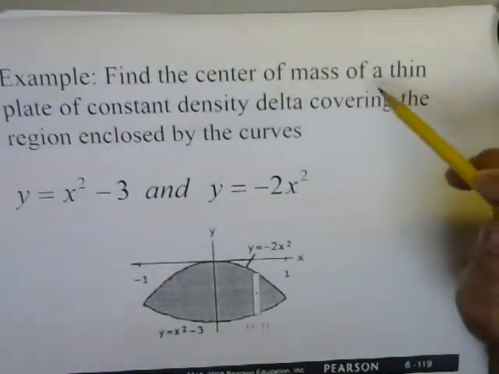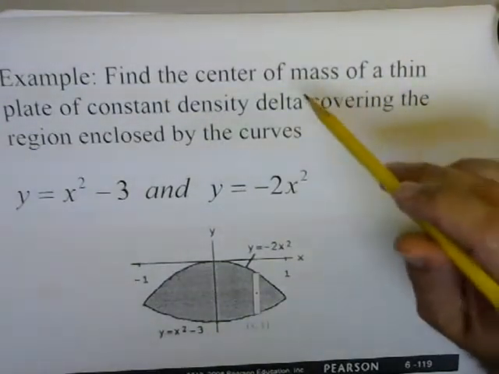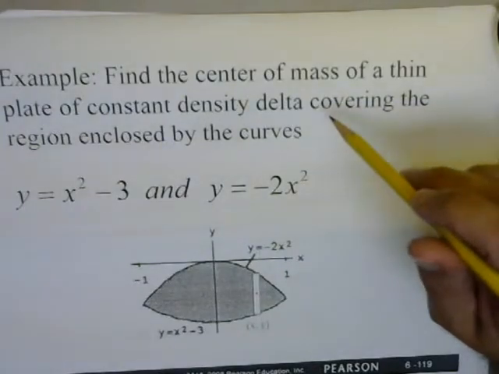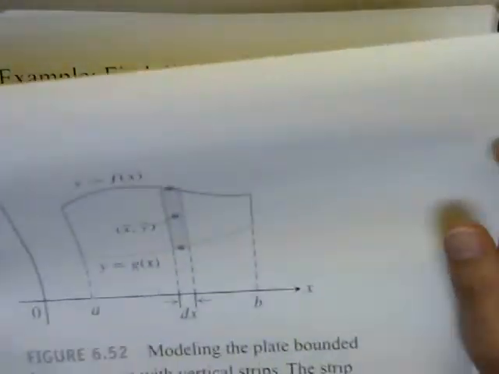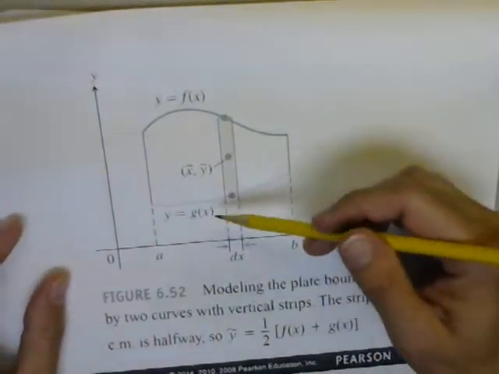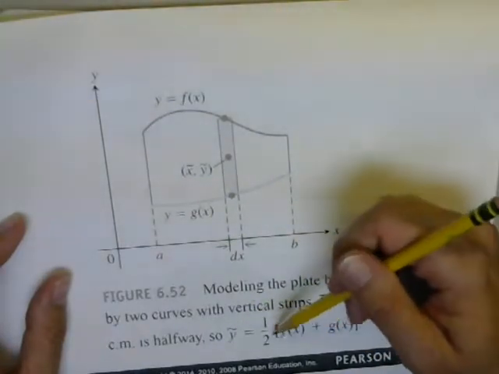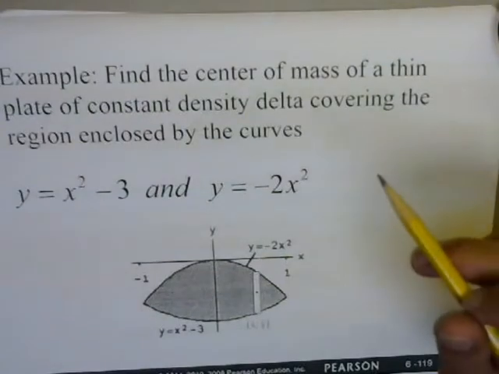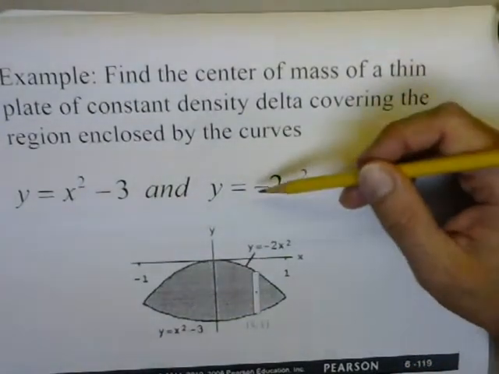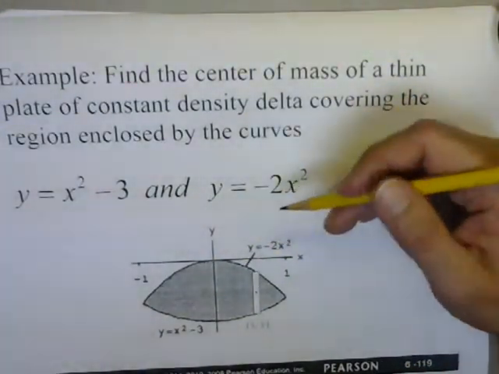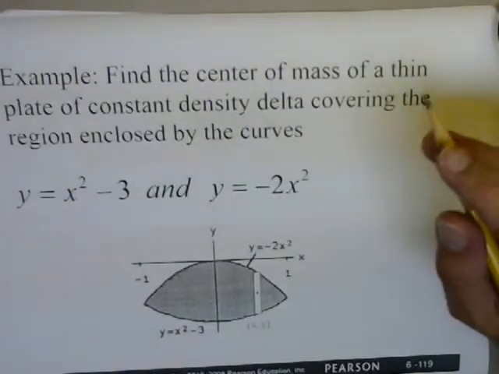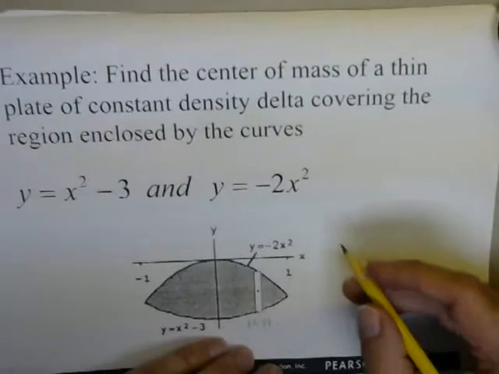So again, let's say you want to find the center of mass of a thin plate of constant density, delta, covering the region enclosed by the curves. So in this case, all you have to do is just add the mass of the two curves and take the average. Right? So let's say you've got two curves here, and again, you could kind of build this up geometrically if you want to. You could just kind of plug into the formula. Again, I always kind of like to know what's going on here.